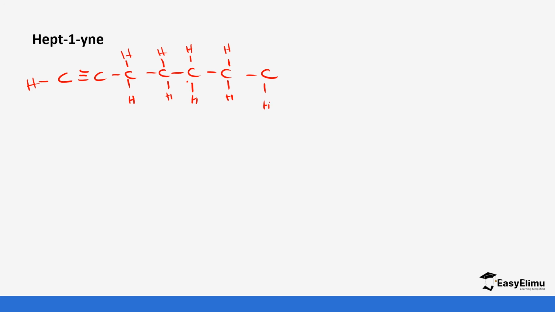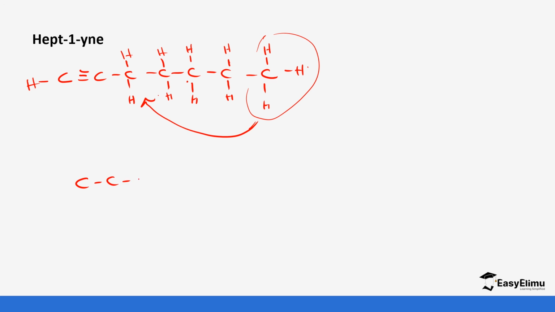Then we go to heptyne. So this has 7 carbons. So we have a triple bond at the first carbon. So we put the hydrogens. So we can move this CH3. We can start moving it here.